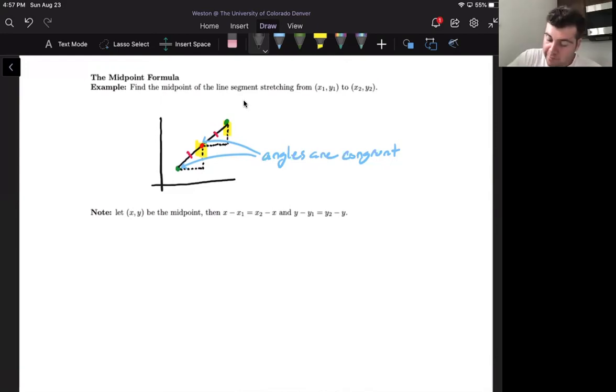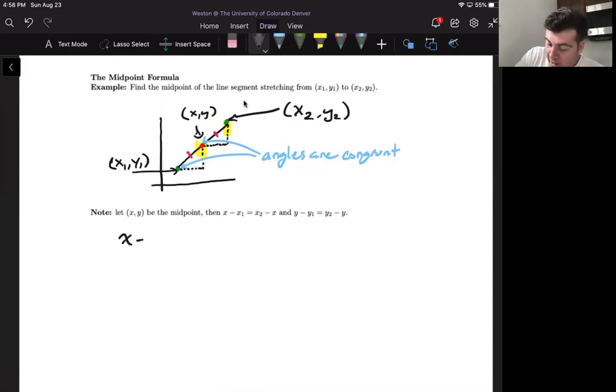with the midpoint, if this point here is x1, y1, and this point here is x2, y2, and the point in the middle is just x, y, then we have x minus x1 equals x2 minus x, and y minus y1 equals y2 minus y.